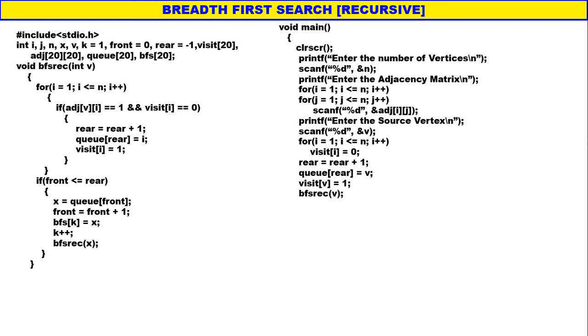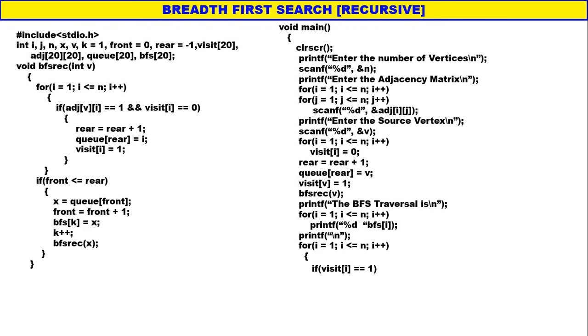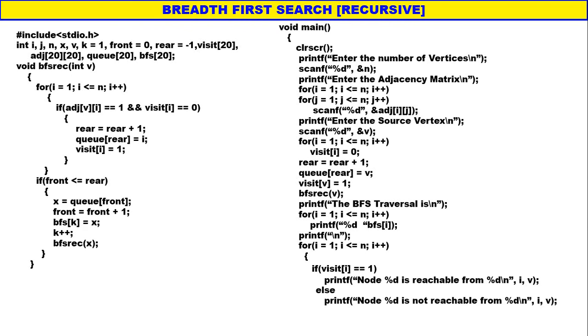We are doing that, and again we are calling BFS REC recursively. After that, for the BFS traversal, you print the BFS array, and if visit is 1, the node is reachable, otherwise the node is not reachable. That's all the main program. I think the C recursive function for BFS is also very simple, straightforward.